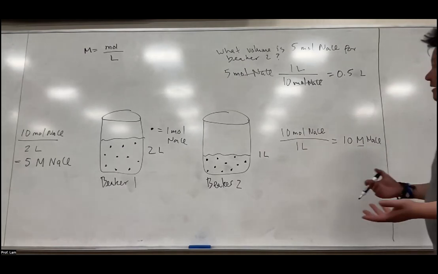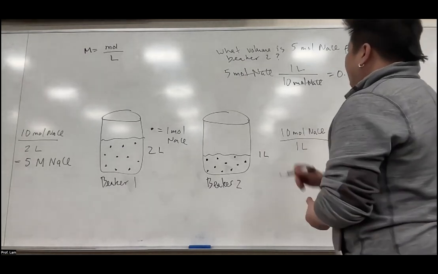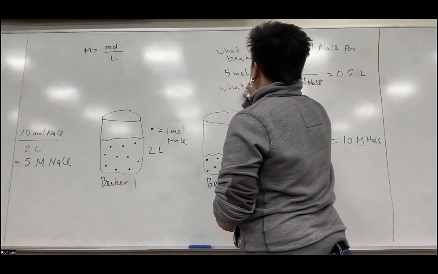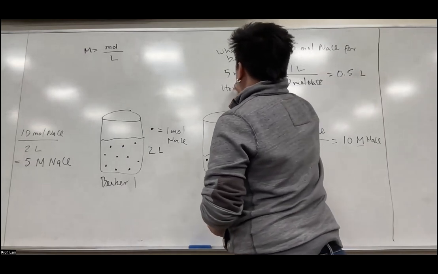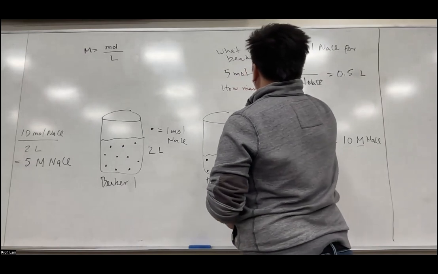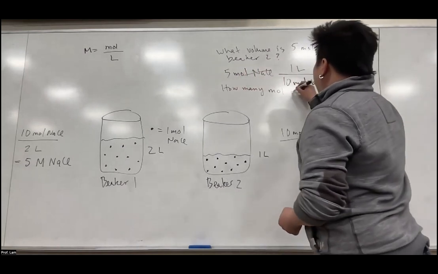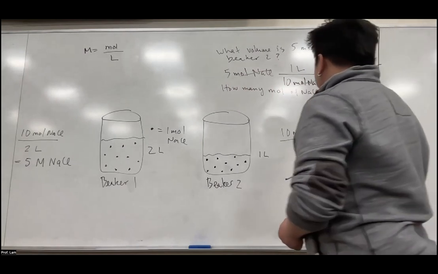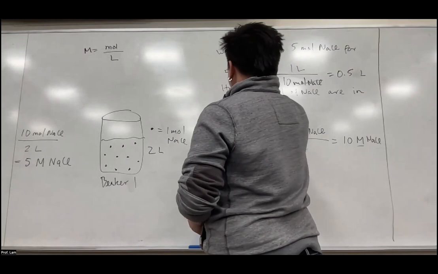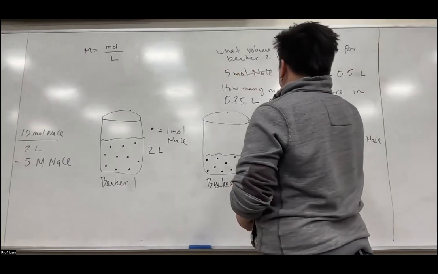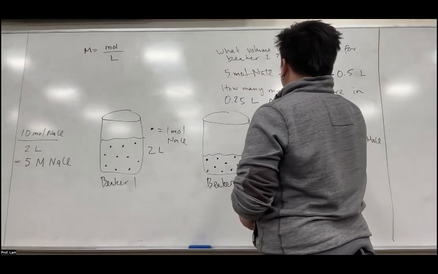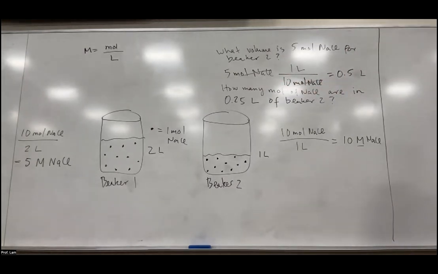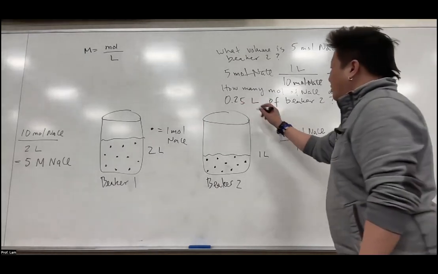Now, similarly, I can also ask the question, how many moles of NaCl are in 0.25 liters of beaker 2 solution? Okay, so my given is 0.25 liters.